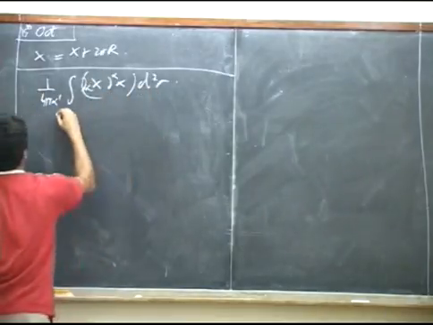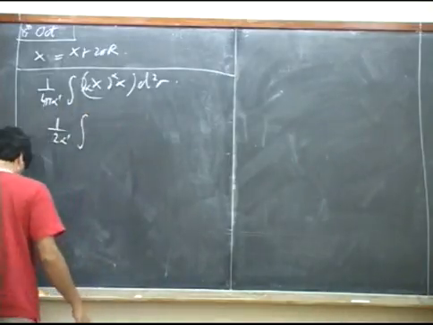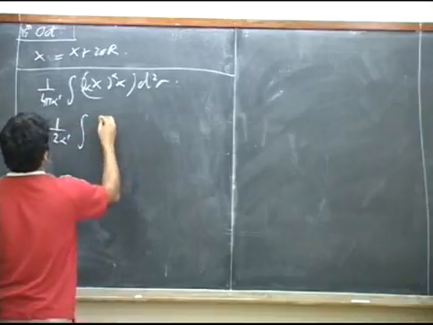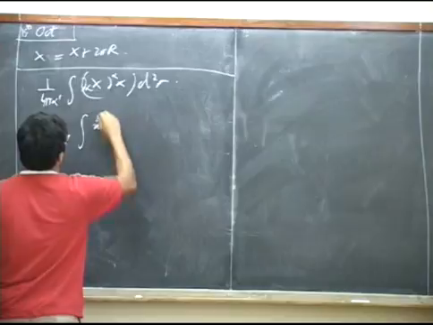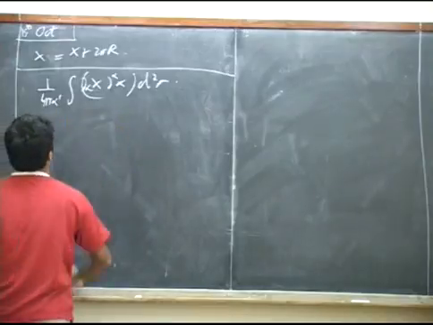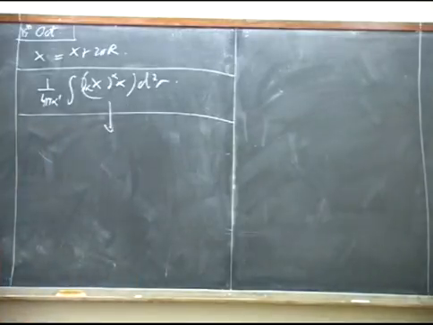The integral over 2 pi goes away, and we get 1 over 2 alpha prime, integral of X dot squared. So what we're going to do is substitute in the zero mode here.